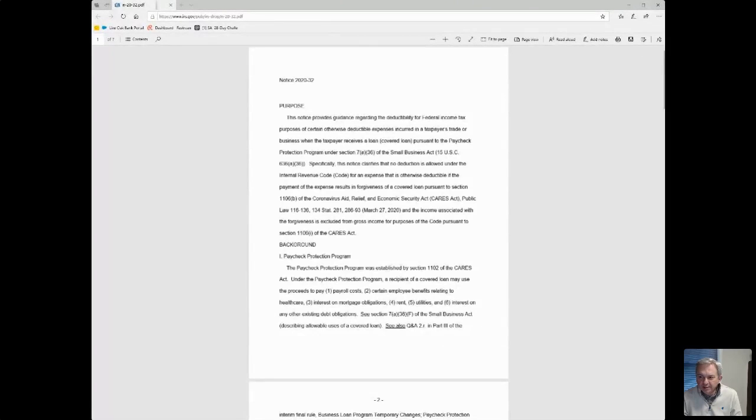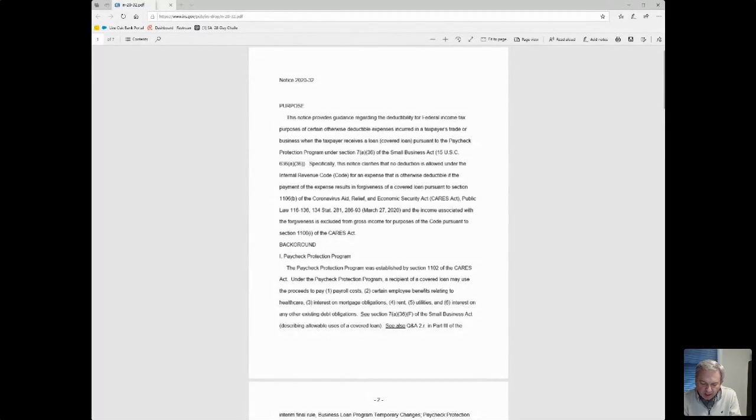Does anybody have any questions related to that? The way it's going to play out on your tax return, if you're a corporation, C corporation or an S corporation, you're going to have what are called M1 adjustments. And those are adjustments that reconcile the book income to the tax income.